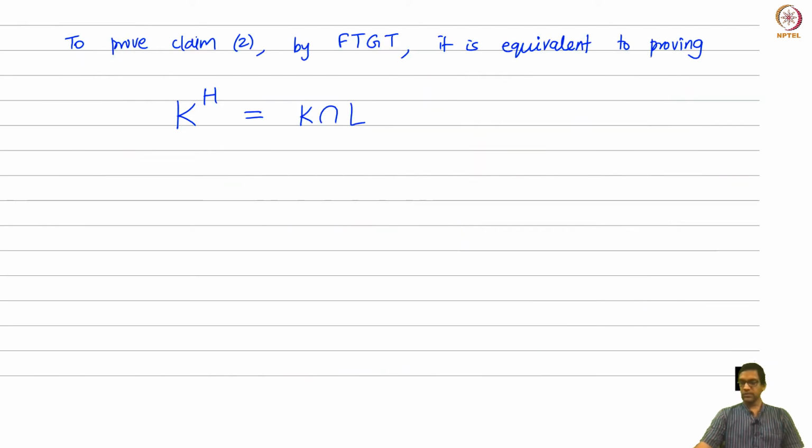Now how does one show that K^H is K intersection L? Let's at least see that there is a one-way containment. So this is what we will now try and prove.